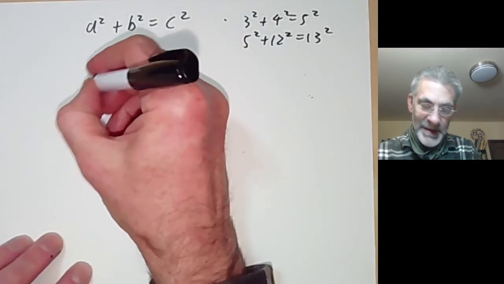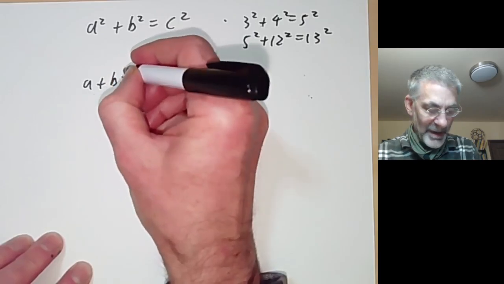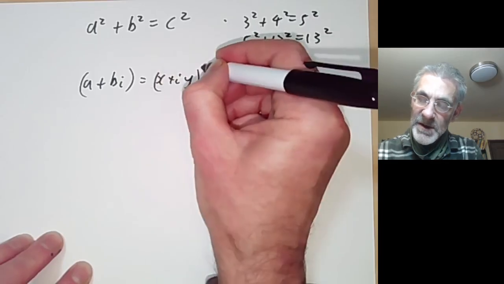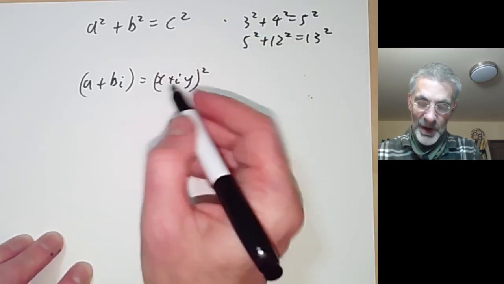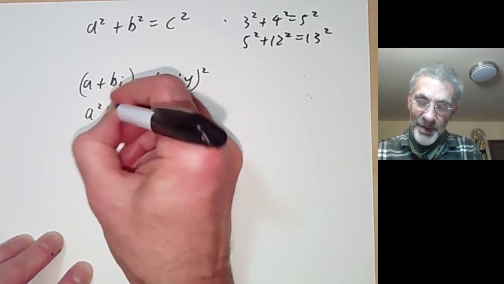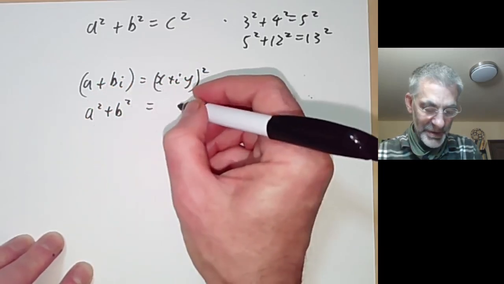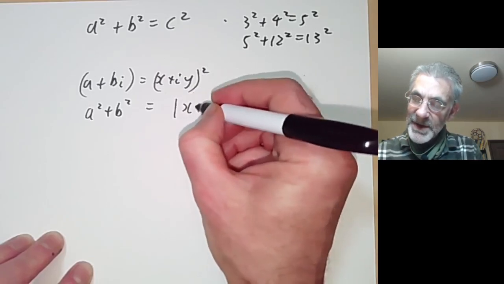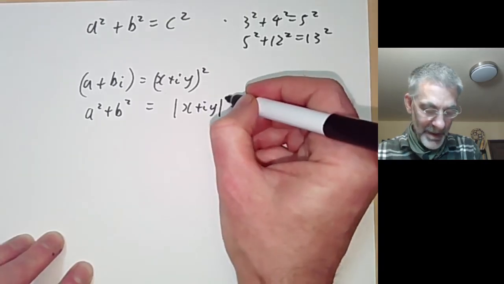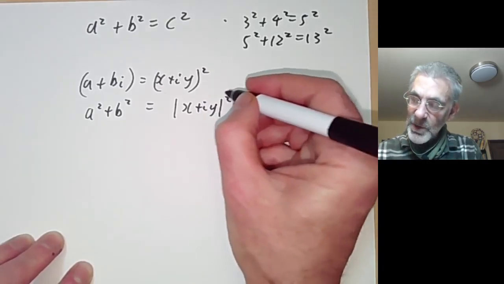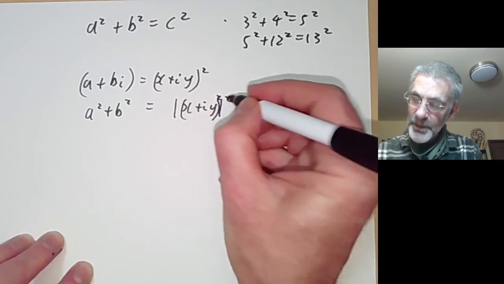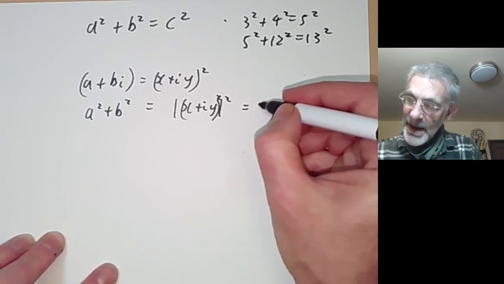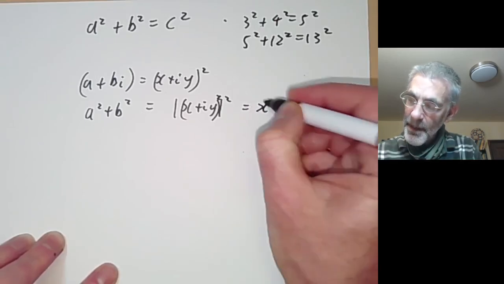Well, let's suppose that a plus bi is equal to x plus iy, squared, for some x and y. Then a squared plus b squared is equal to the absolute value of x plus iy squared, all squared. So it's equal to x squared plus y squared, squared.